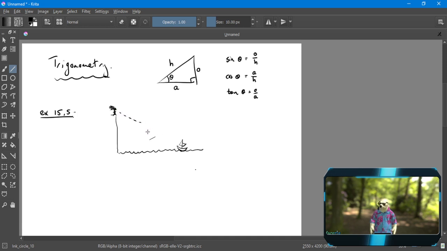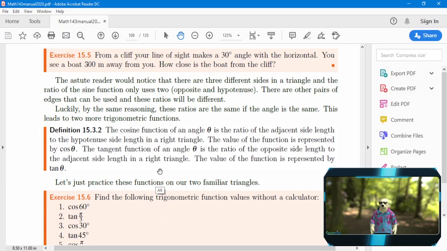That is your line of sight, and they say it's making a 30-degree angle with the horizontal.